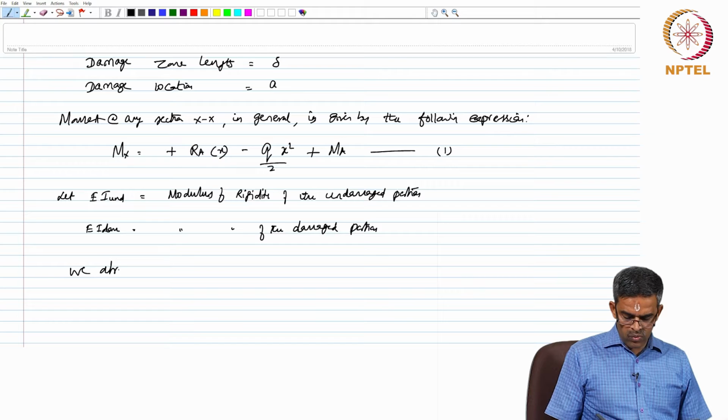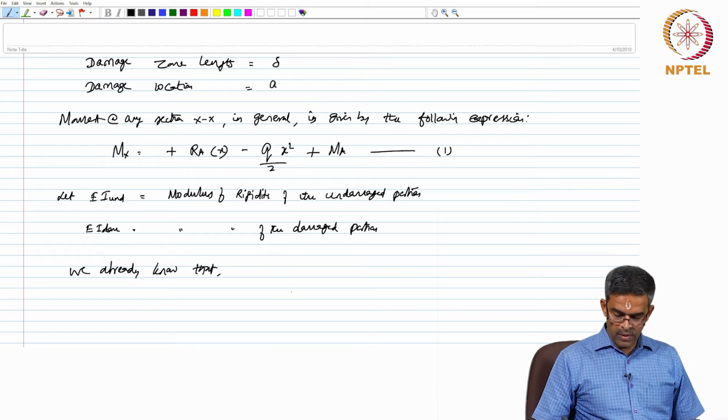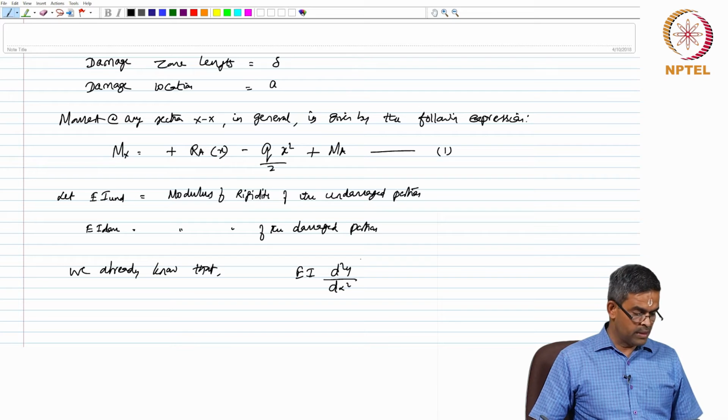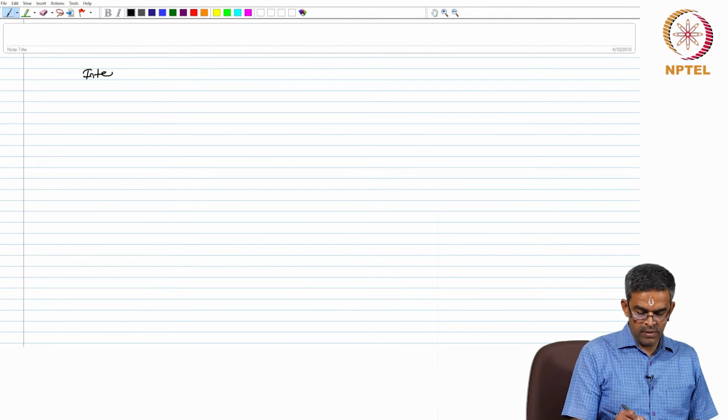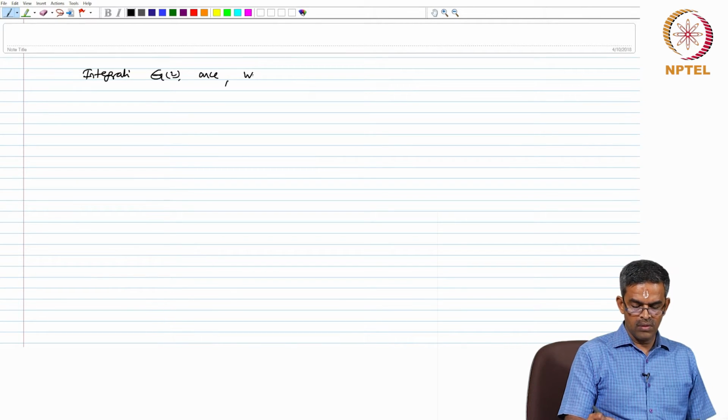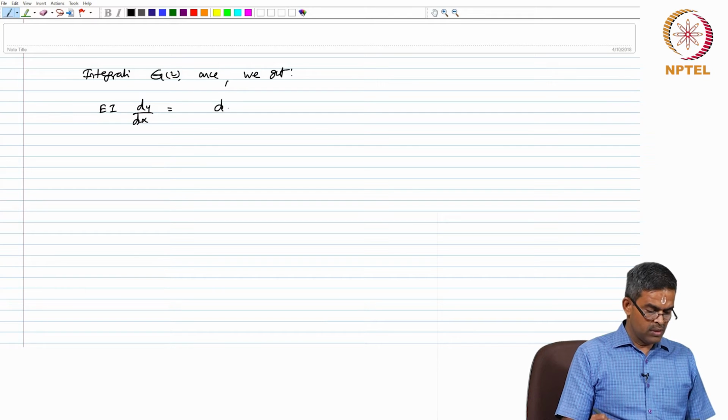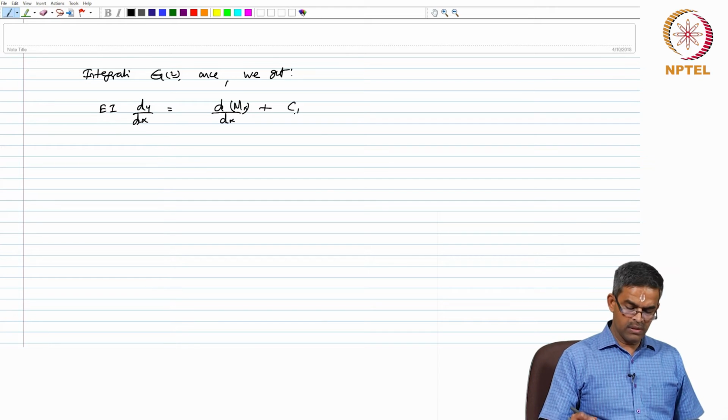We already know that EI d square y by dx square is equal to Mx. Integrating equation 2 once, we get EI dy by dx will be equal to integral of Mx dx plus integration constant C1.